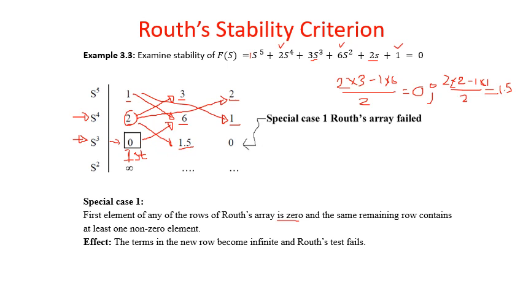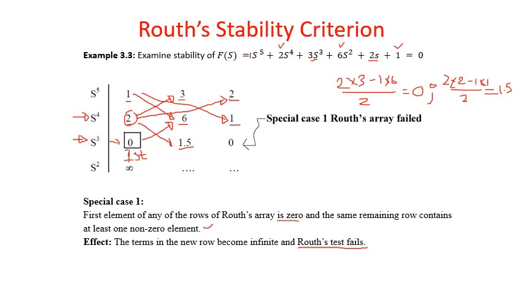Then we call it a special case type of problem. In this event, the terms in the new row become infinite and the Routh test is going to fail. So this is one of the disadvantages of this Routh stability criterion.